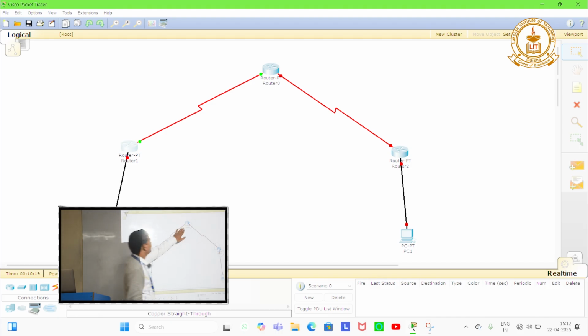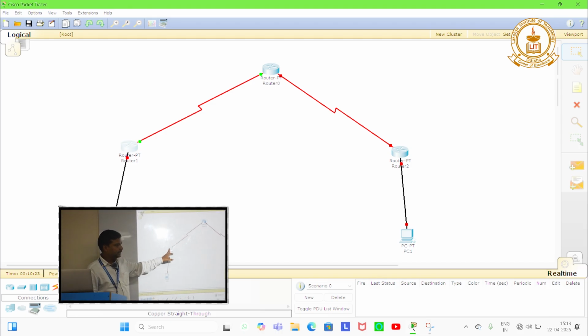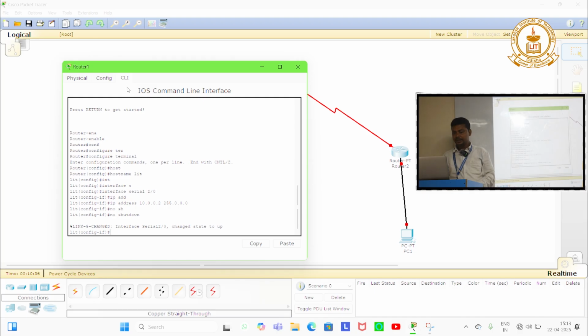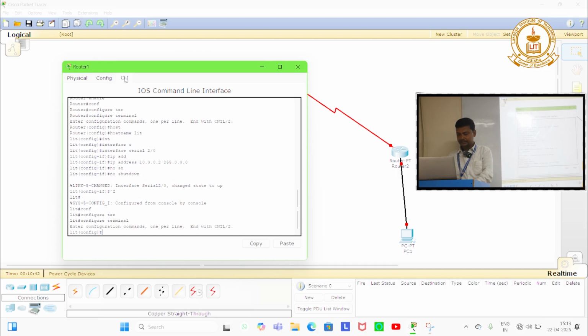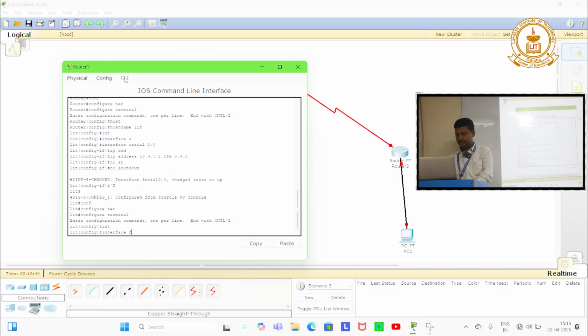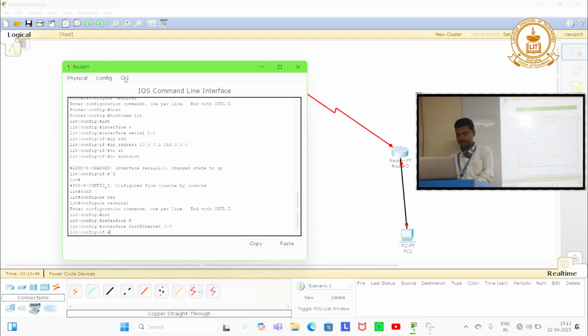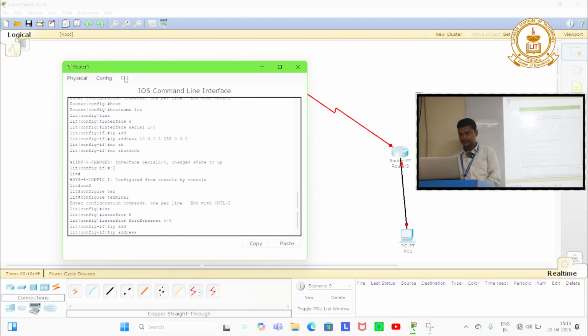So similarly we are using this port. This router is LIT. First, this is your LIT router, this is your LIT1 router, then you are configuring LIT router. So in LIT router, this is the command line interface. Control Z, configure terminal, interface fast Ethernet 0x0, IP address.